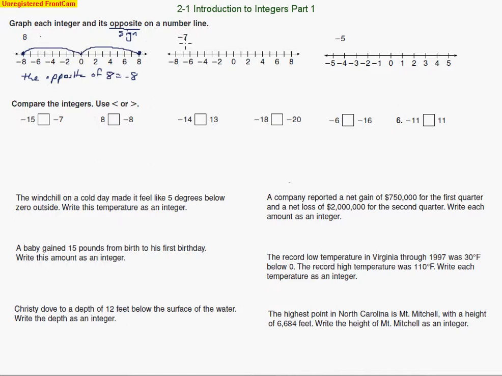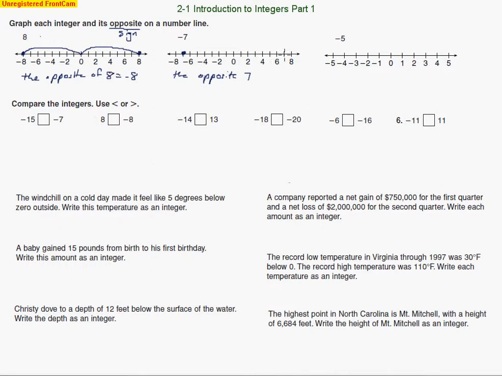When I look at negative 7, if I wanted to plot that one, I go over and look for negative 7. I don't see it, but I see that negative 7 is in between negative 6 and negative 8. The opposite would end up being the positive of that number, so it would be positive 7.